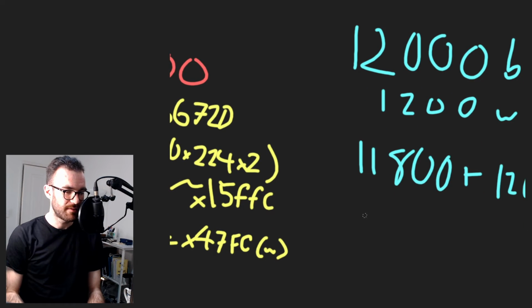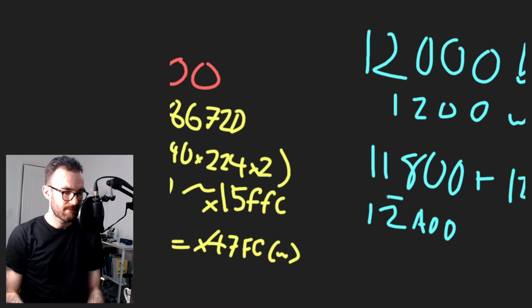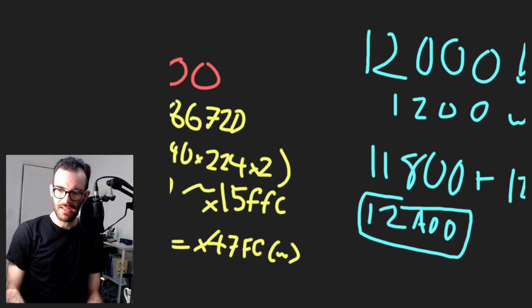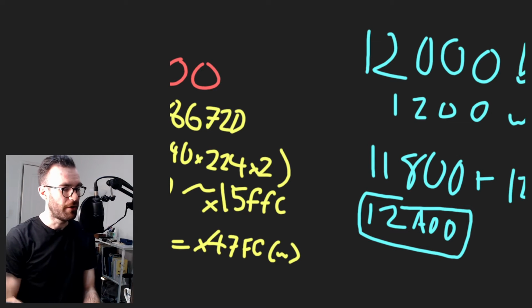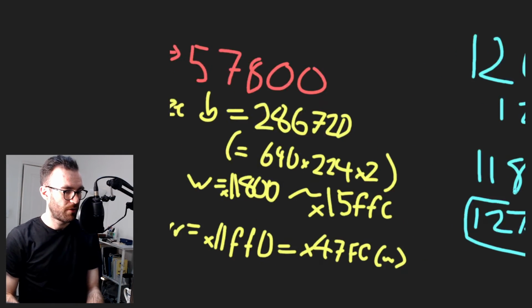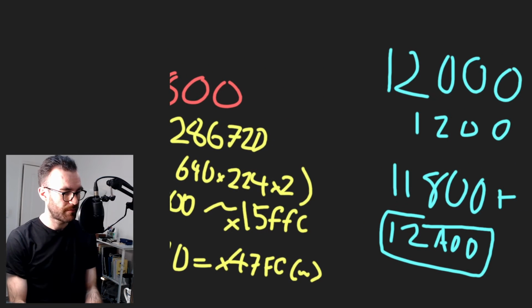1200. That gives us 12A00, which looks like a nicer number. Words. 12A00 words.